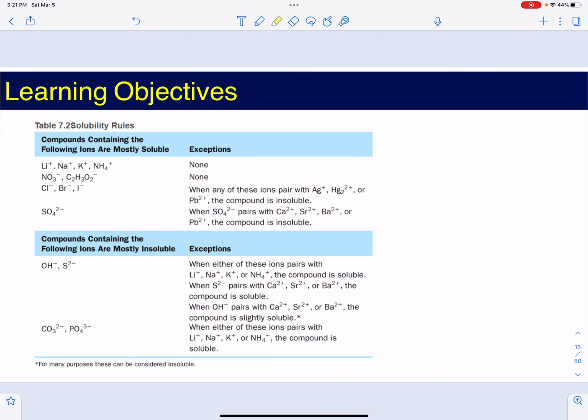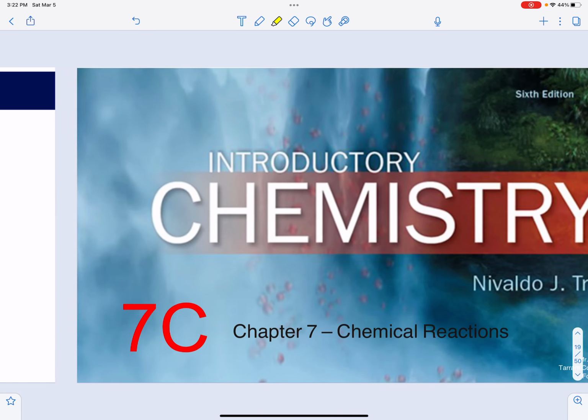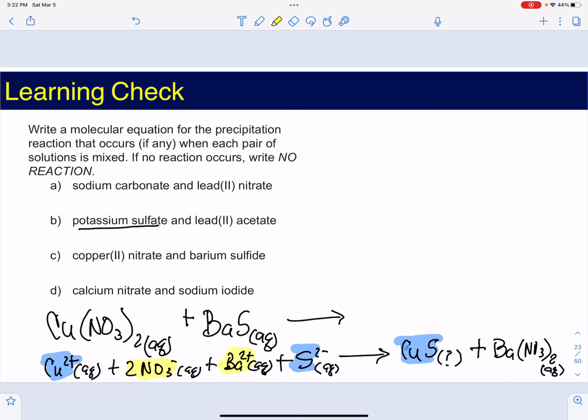All sulfides are going to be insoluble unless they have an alkali metal or calcium, strontium, and barium, which are going to be soluble. Okay, so that should be insoluble then. So it's telling me that this is going to be my precipitate. So this is going to be my solid.